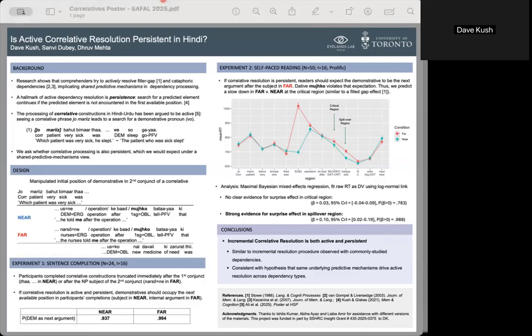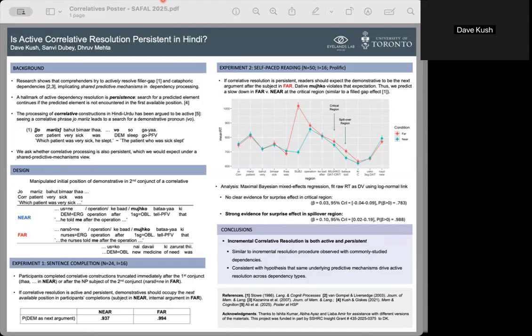So in the case of filler-gap processing, persistence can be characterized as follows: if it turns out that the parser finds out that the gap is not in the predicted location in, say, object position, then it will continue to look for the gap and posit it in later positions, say in the complement of a preposition or something like that.